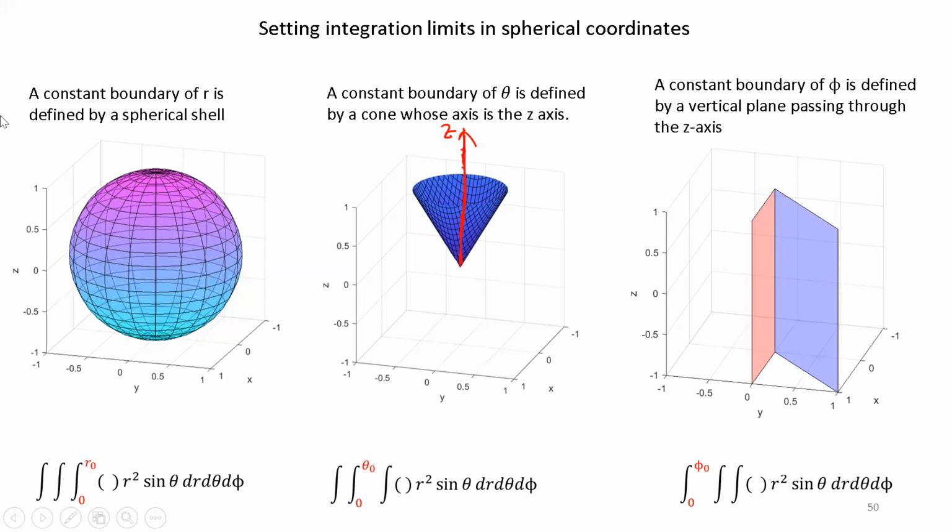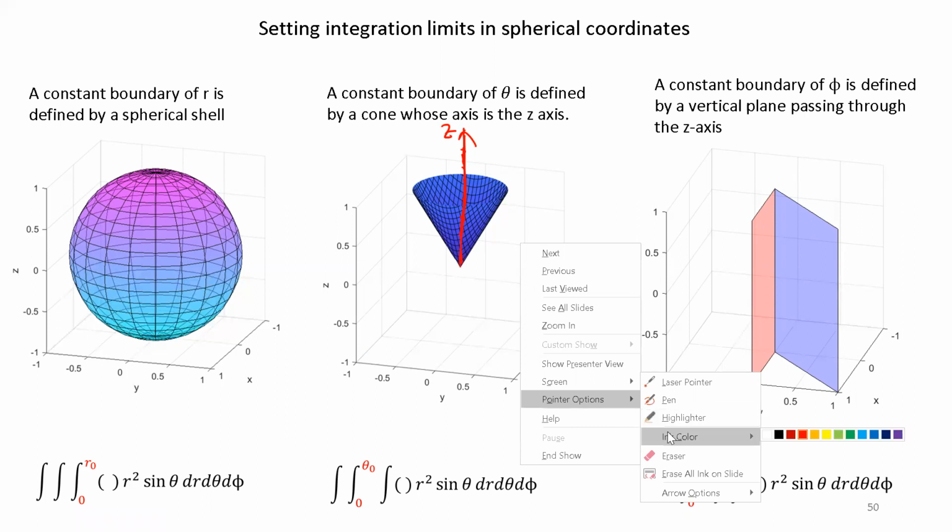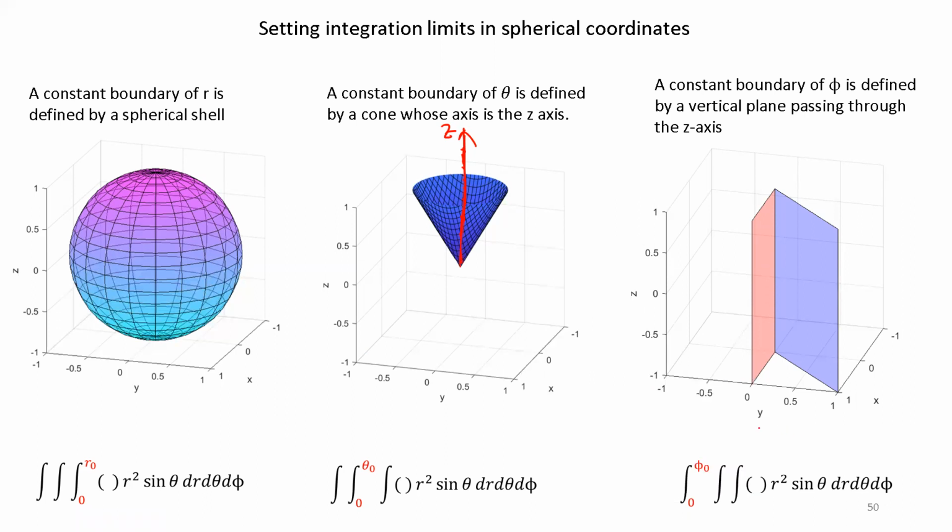So now if I am at theta equals theta naught, what it means is that I have this cone, and the angle between the edge of the cone and the North Pole, or the z-axis, is theta naught.